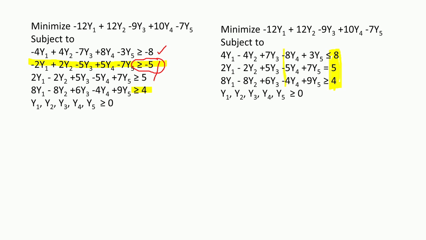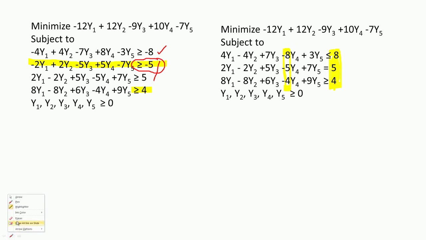Then when we take a look at this variable y4, we realize that all the 3 coefficients are negative for the variable y4, and y4 is greater than or equal to 0. So, we can now replace y4 by another variable, call it y6, and then we can make this variable less than or equal to 0, so that the constraint coefficients are all positive.